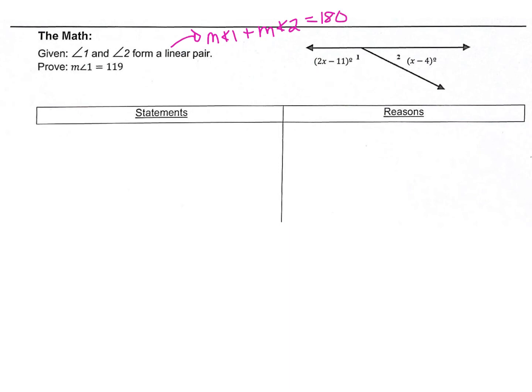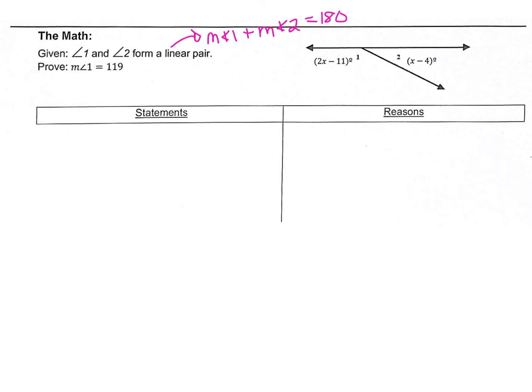It's important that we get that in there, because if they form a linear pair, the conclusion is their sum is 180 degrees. And I'm purposely using the measure of angle 1 here because we have the measure of angle 1 notation in our proof statement.